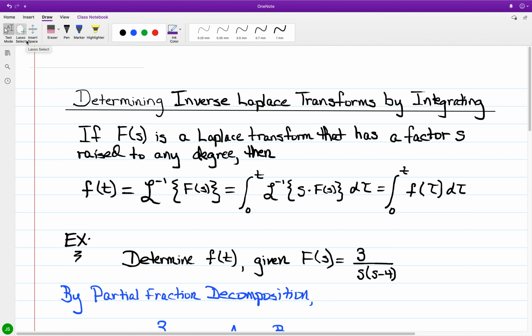Okay, another technique for determining inverse Laplace transforms is through integrating. But it has to be where F(s) is a particular type of Laplace transform.